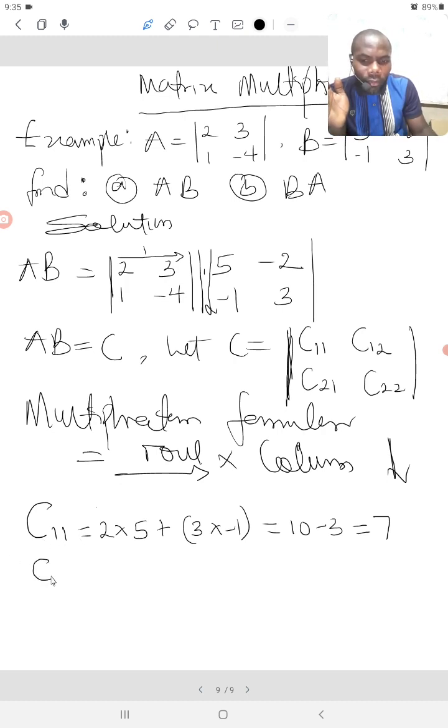See the second one, C row 1 column 2. It means you have to multiply this row 1 with this column 2. So 2 will multiply minus 2. 2 times minus 2 plus 3 times 3.